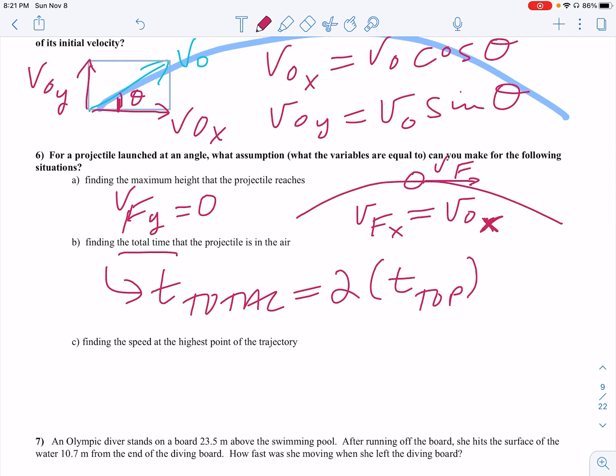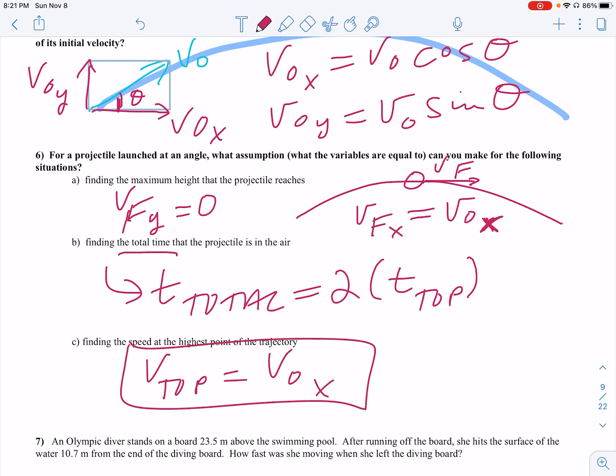How do you find the speed at the highest point of the trajectory? I kind of just went through that. V at the top is equal to VOX. VFY is 0 at the top.